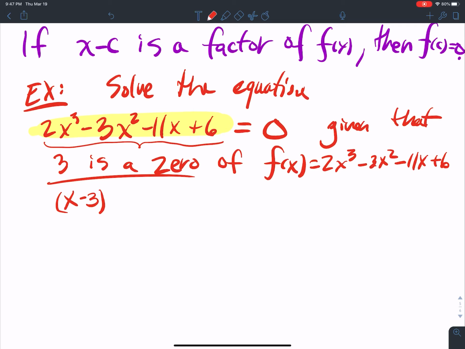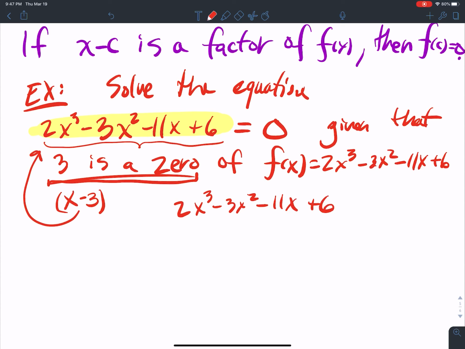And so let's run through it with synthetic division. Instead of doing long division, synthetic is definitely the way to go. Let's divide the polynomial by x minus 3. So I do 2x cubed minus 3x squared minus 11x plus 6, and I'm going to divide by x minus 3 because I know x equal to 3 is a 0.